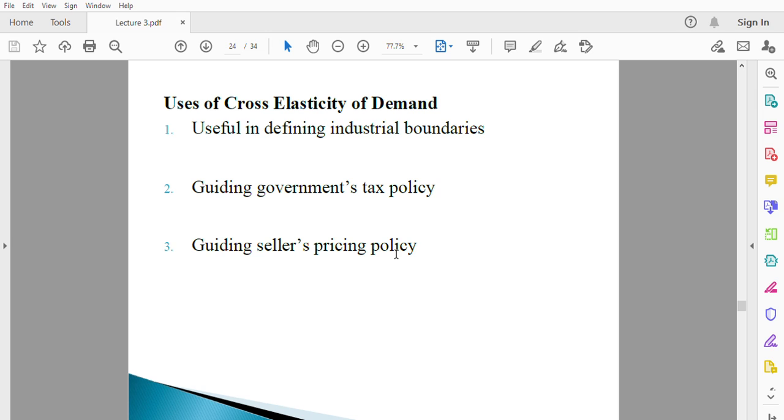So you reduce your price and the demand for your commodity increases. So knowing the elasticity, if the substitute in question is very elastic, then you reduce your price for people to buy more of your commodity. But if it is inelastic and you reduce your price, to your surprise, people might not be buying your commodity because it is inelastic. Right. So these are the uses of cross elasticity of demand. Let's pause here and continue in the next slide.